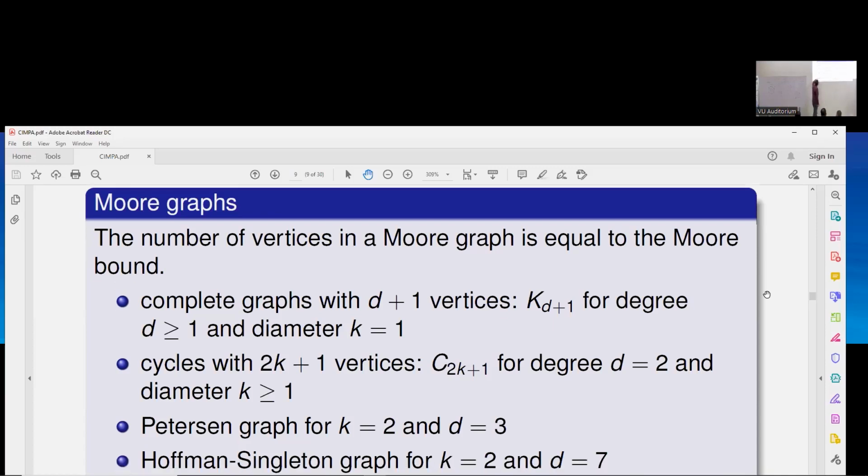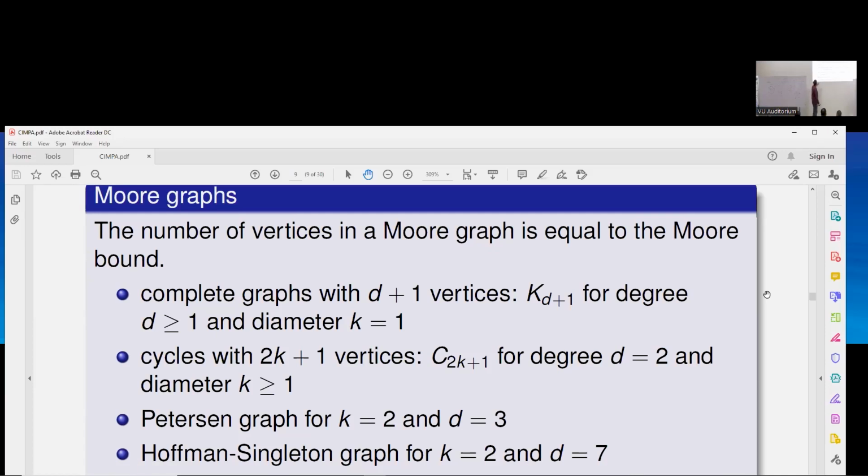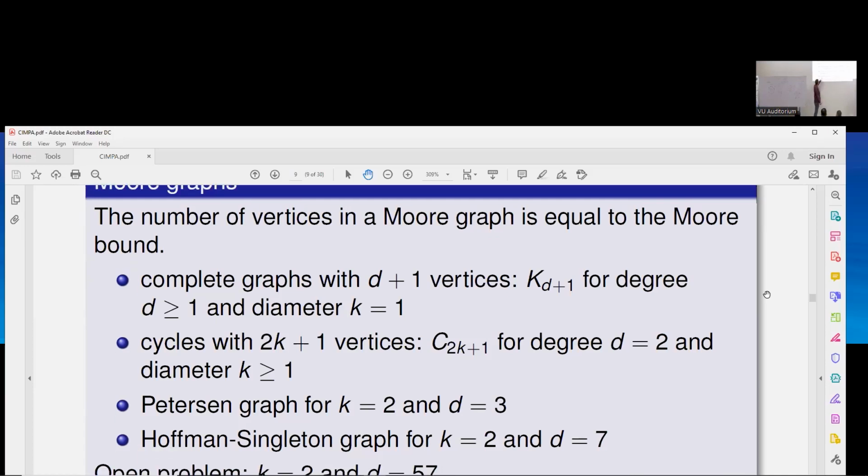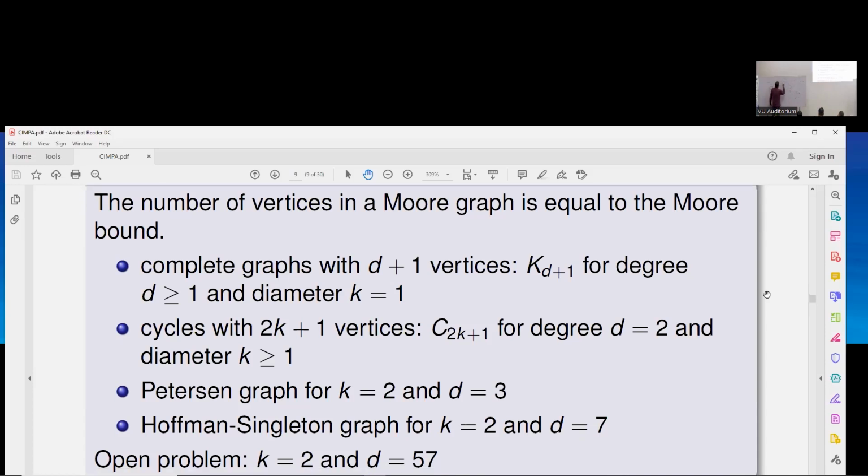And then this one is actually just one graph, which was already presented before. The Petersen graph is the Moore graph for k equal to 2 and d equal to 3. We can even check if it really satisfies the bound. k equal to 2 means the diameter is 2, so here we have the bound and we would have to stop here.